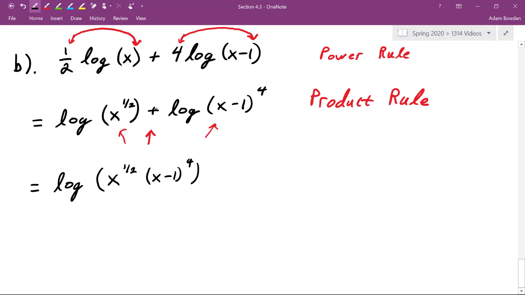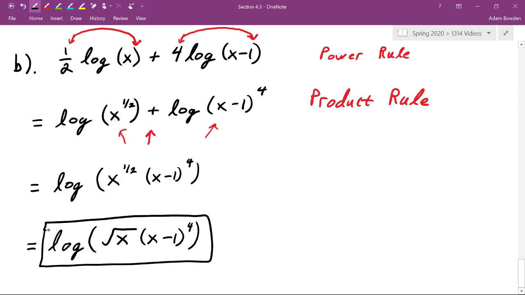So the addition converts back into multiplication with the two things from each of the logarithms by the product rule. And more or less, this is about all we're going to do just to join things back together again. But oftentimes, when we're done, we'll take those fraction powers and change them back into roots. So for the 1/2 power, I'm going to go ahead and change it back into a square root since I'm done combining everything back together again.